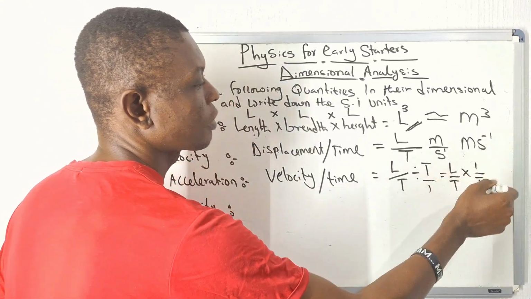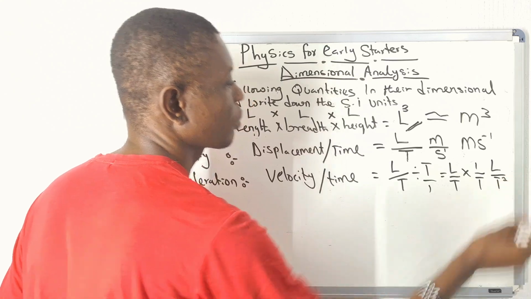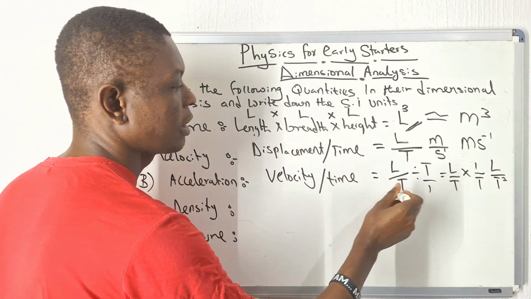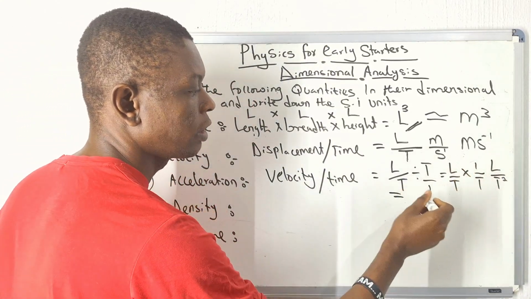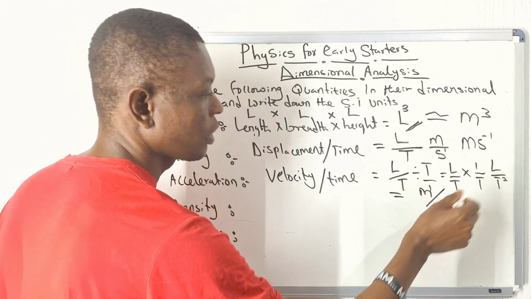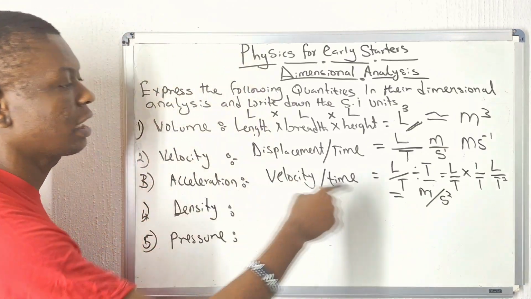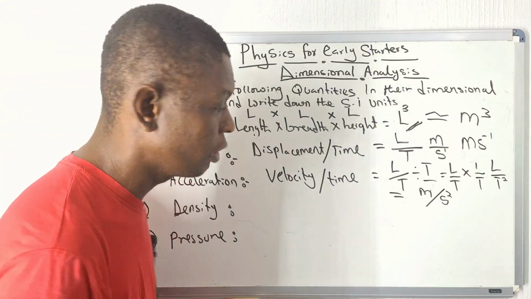So, we have L times 1, which is L over T squared. So, therefore, the SI unit becomes L is what? Meter. And T squared, which is seconds squared. So that's how we got the SI unit for acceleration to be meter per second squared.